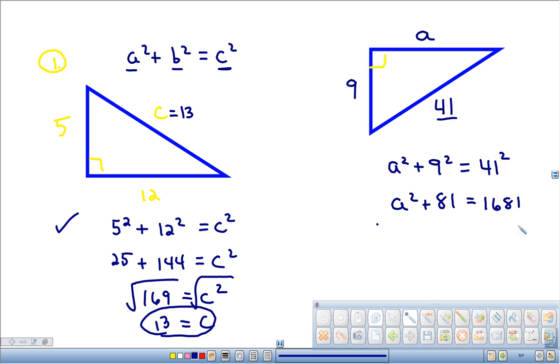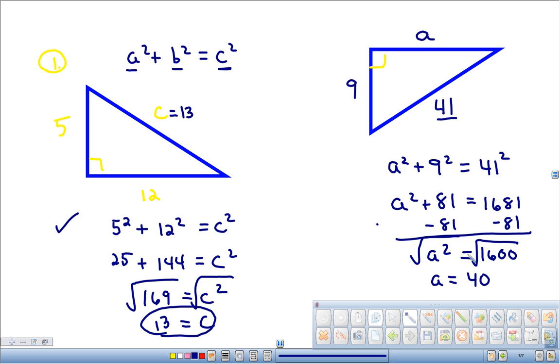I think it is. Yep. Subtracting 81 from both sides, a squared is equal to 1600, and taking the square root of 1600 to find a comes out to be 40. That means my other leg is 40.